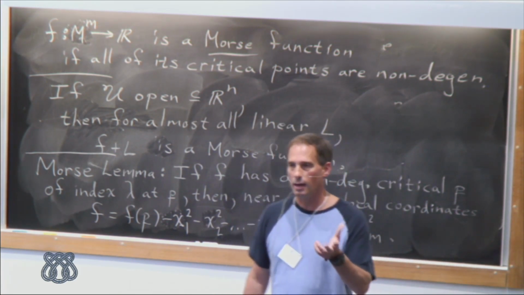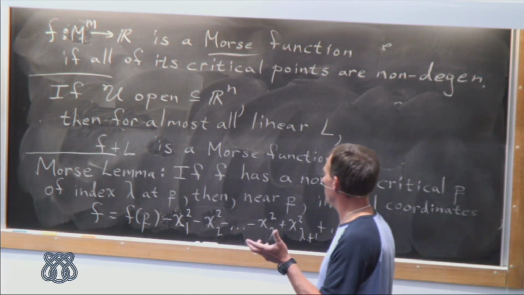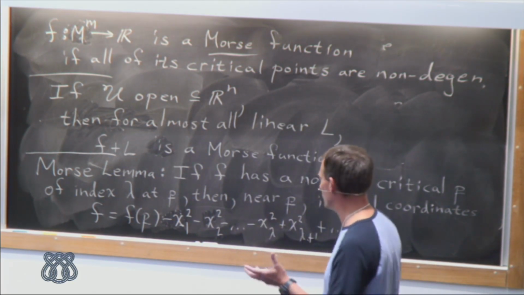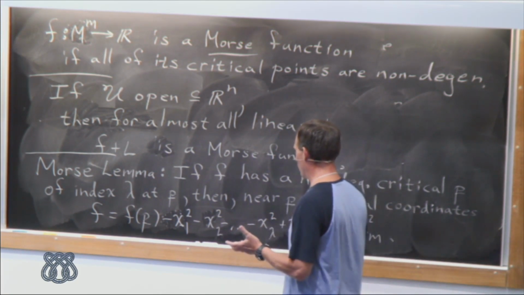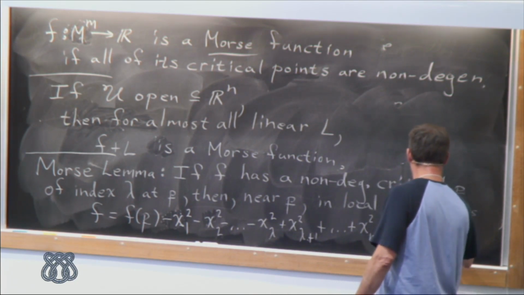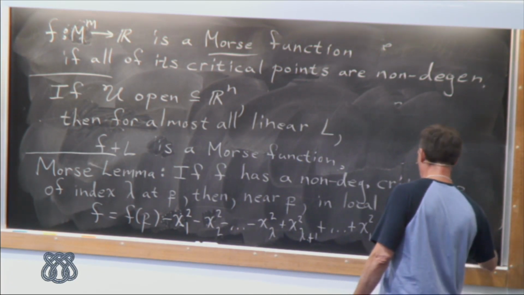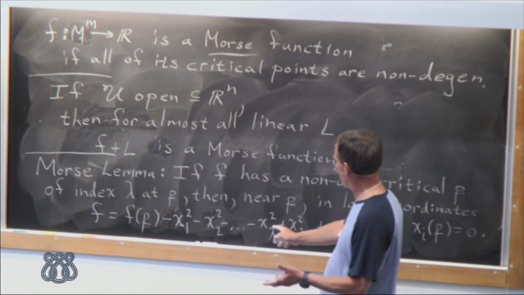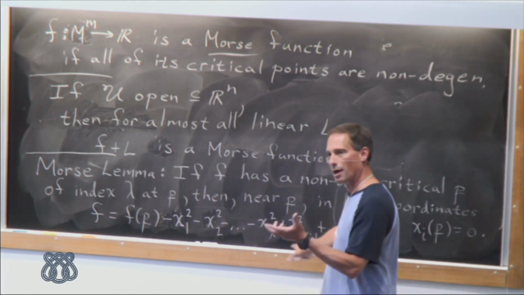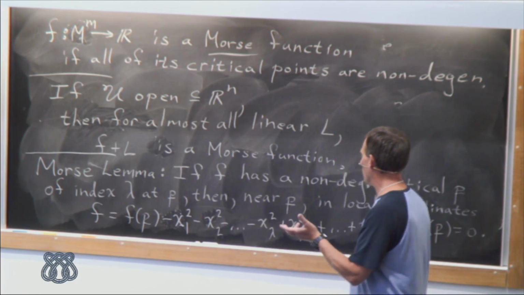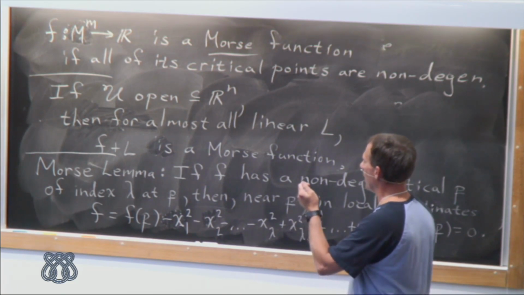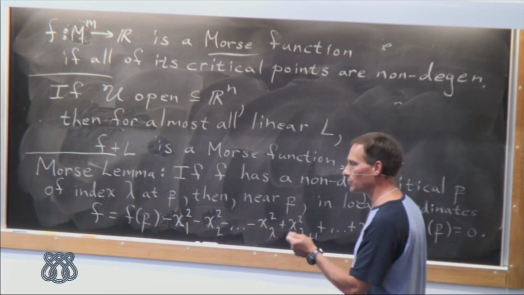It says that the function looks like the most basic function you could think of that has a critical point. Here all the x's are 0 at P. It's the most basic function you could think of that has a critical point at P and has the index I specified, right?